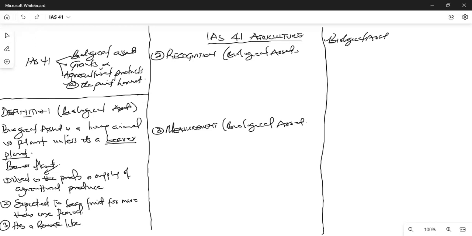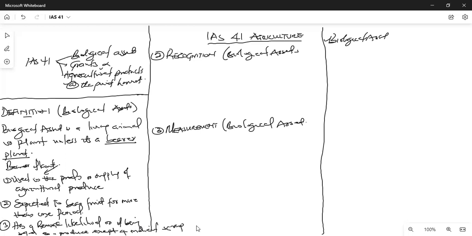There is no likelihood of it being sold as a produce, as an agri produce, except for incidental scrap sale.